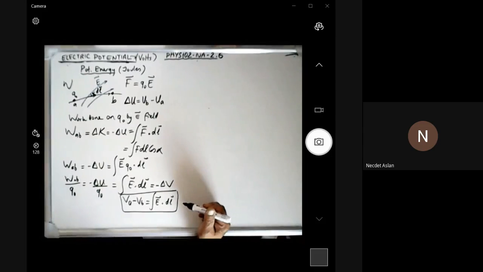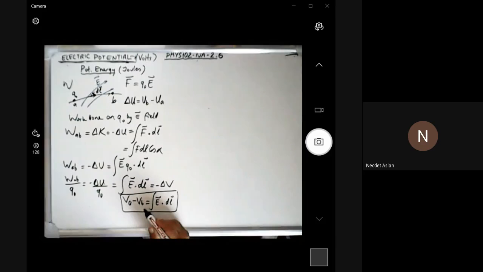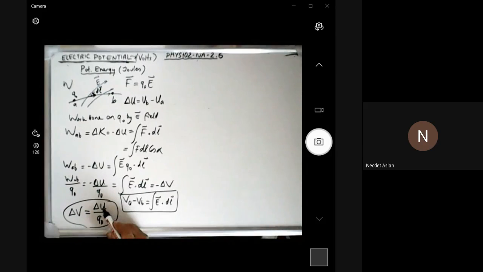So the potential difference is given by that. But don't forget, this is not delta V, but minus delta V. Always keep this in mind. From here, delta V is equal to delta U over Q0. Don't forget the unit of U is joules, but the unit of V is volts.